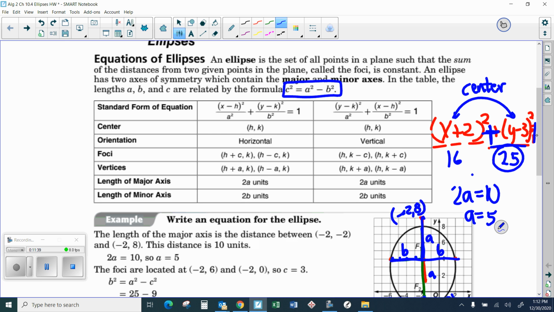That's going to give me my a and my b distance. I can fill in the a and the b right there then. If I'm counting horizontally, that's under the x one. If I'm counting vertically, that's under the y one. That's what you need to remember right here.